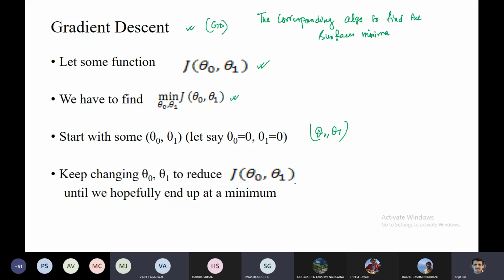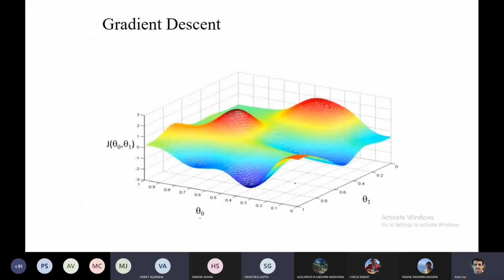Let me show diagrammatically how it looks. Now you see I am taking a practical scenario, where the surface is not convex in nature. Here is the starting point, any arbitrary theta 0, theta 1.